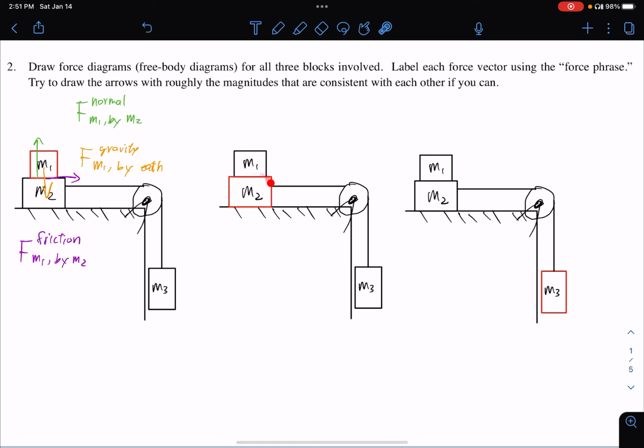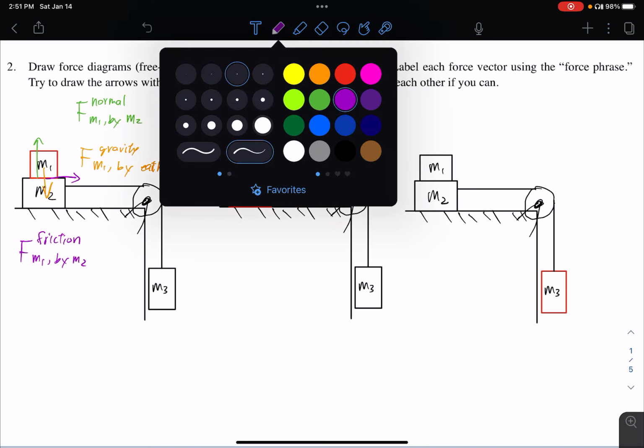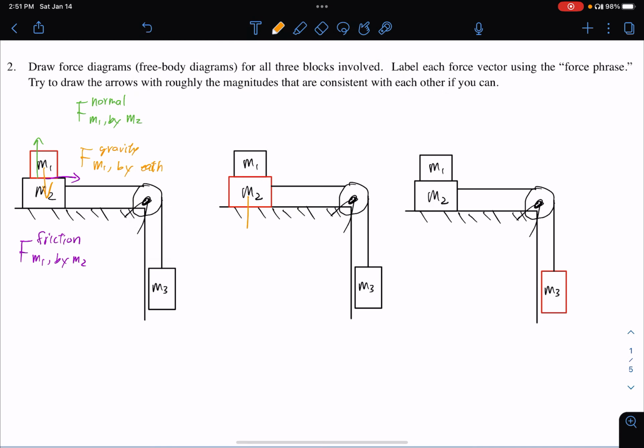Now let's look at M2. M2 is in contact with the table, M1, and also the string. These will all give forces to this block. And also the gravity is acting on M2. So let's first write the gravity, the one acting on M2.